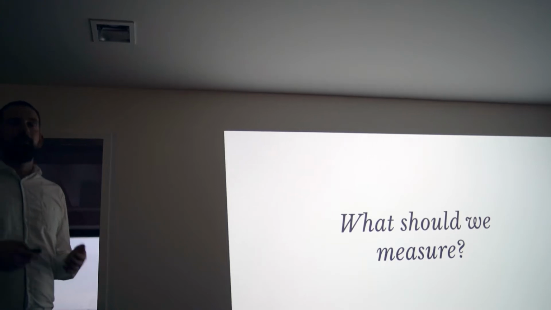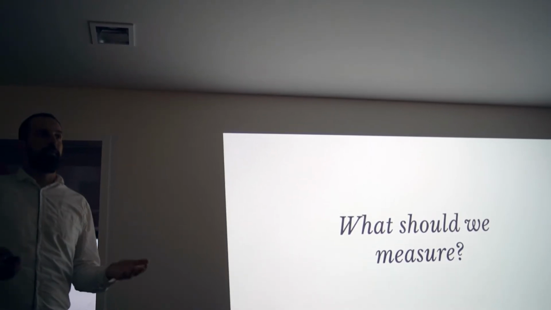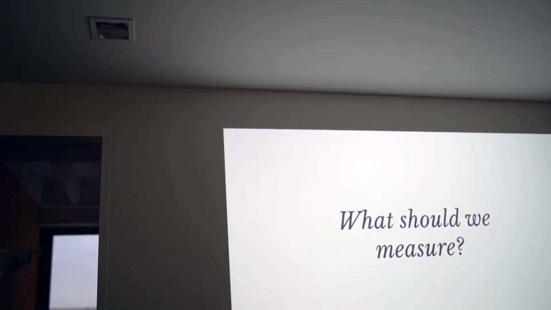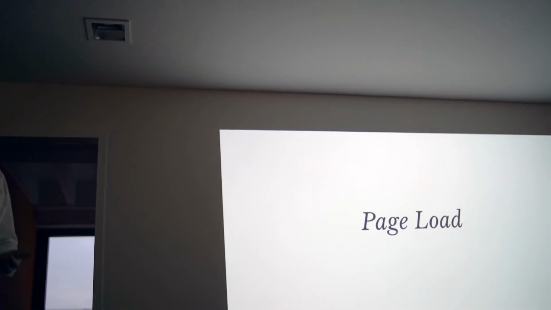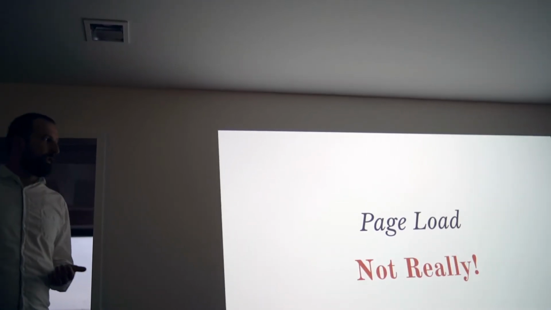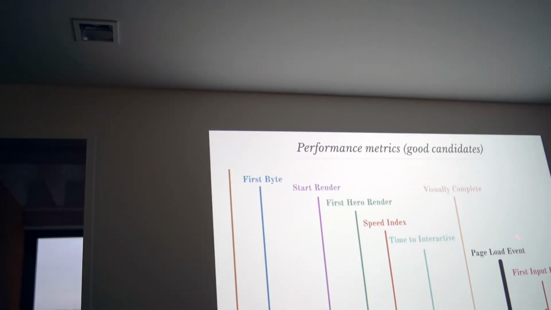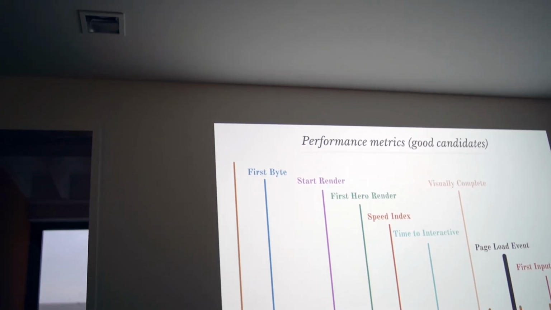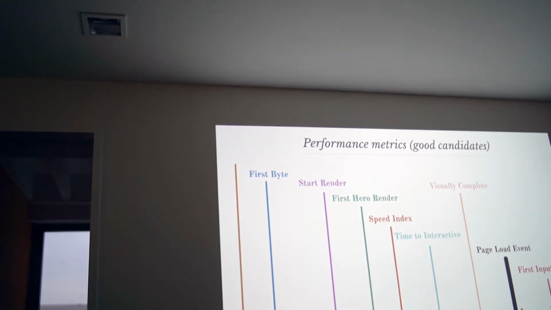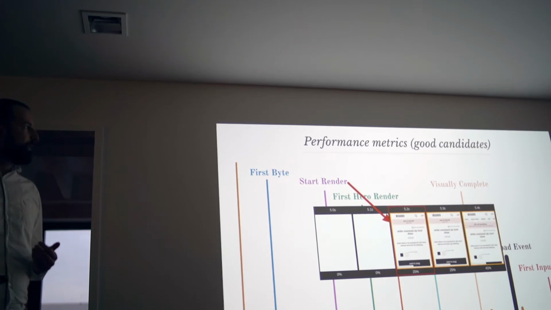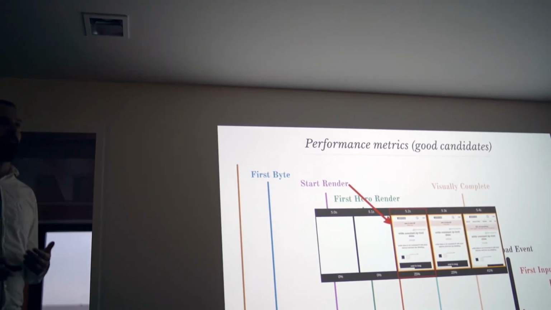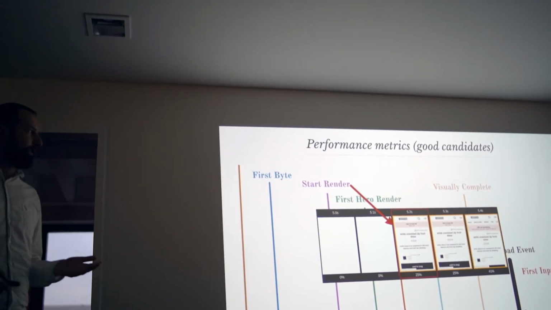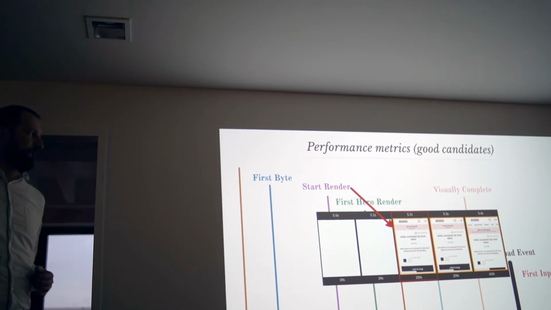So it's good that we have different methods to measure, but what should we measure? Maybe page load time, but not really, because when we look at this timeline, page load time is around 8 seconds, but there are many things happening before and after. One thing that we may measure is when the user sees content on the page, when the first pixels start popping.